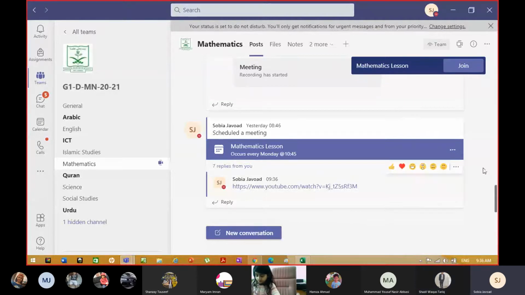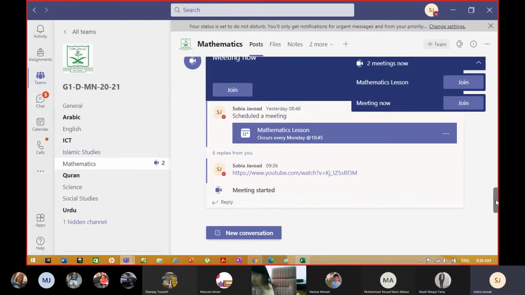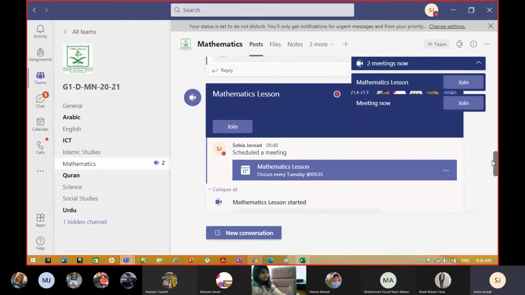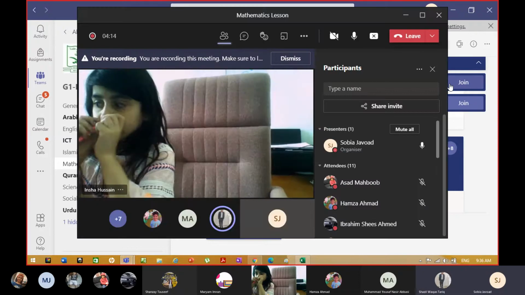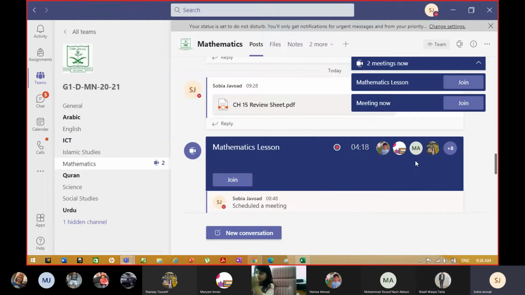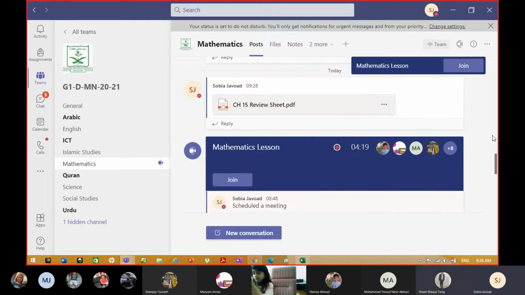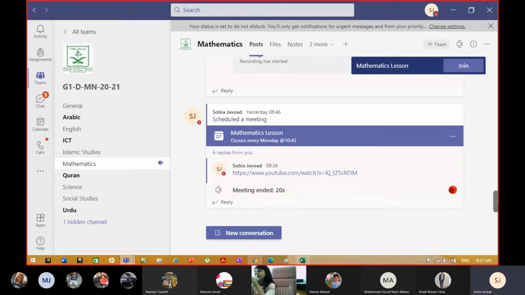When we start our work late, then they'll not be able to complete our worksheet. Again, two or three meetings have started. Why? What happened? Who has started the other meeting? End the meeting. Just join the class.